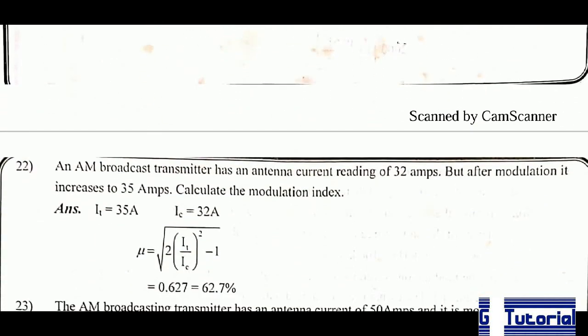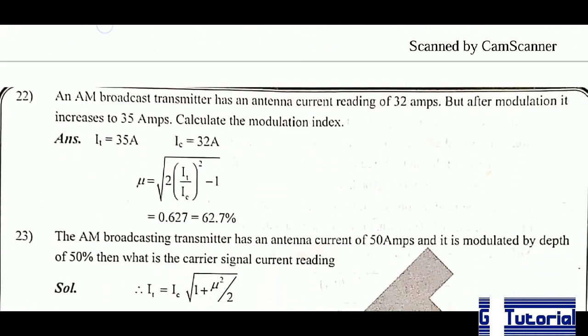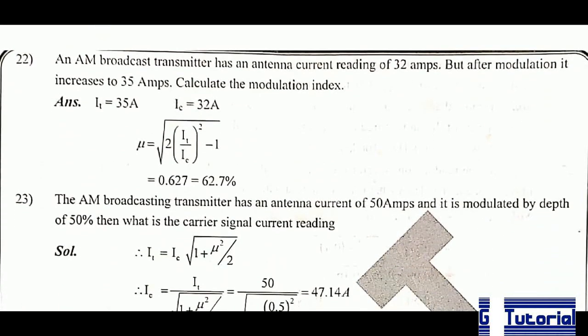Next question. An AM broadcast transmitter has an antenna current reading of 32 amps, but after modulation, it increases to 35 amps. Calculate the modulation index. This is actually the current relation, that is, It is equal to Ic into root of 1 plus mu square by 2.